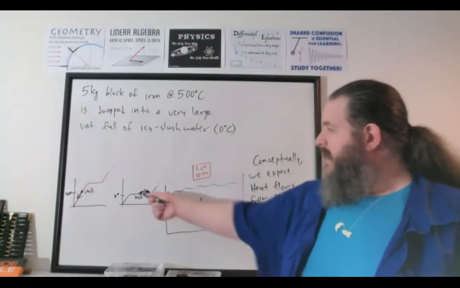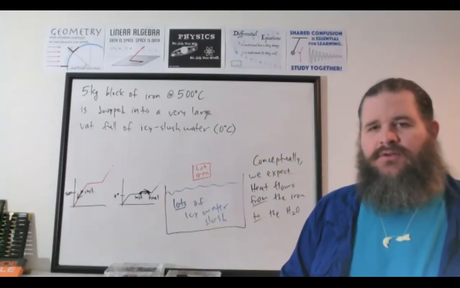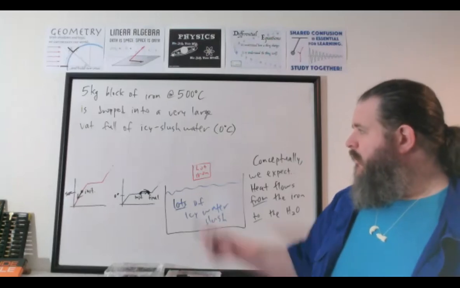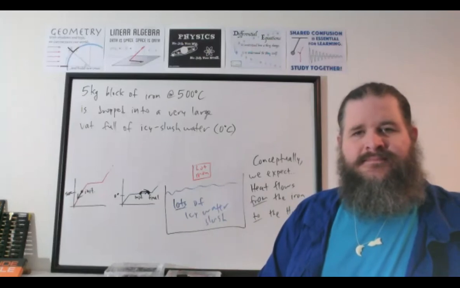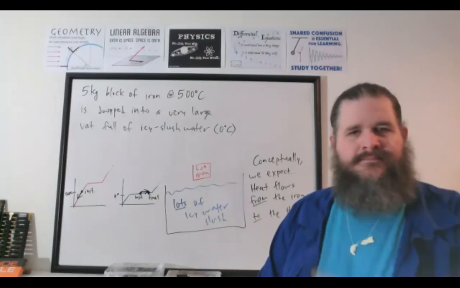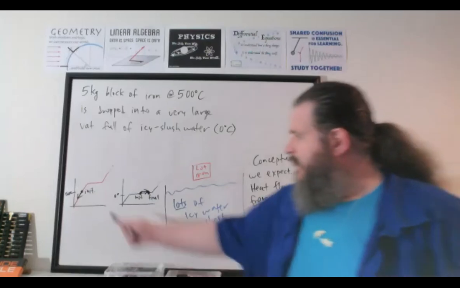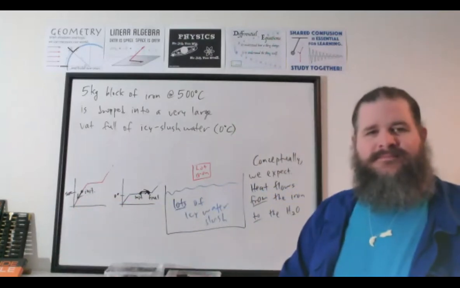If we assume that the ice doesn't all melt, that means the ice and the new liquid is still all at 0 degrees. What does that tell us about the final situation of the iron? We know the iron's cooling off. What temperature would it cool off to?